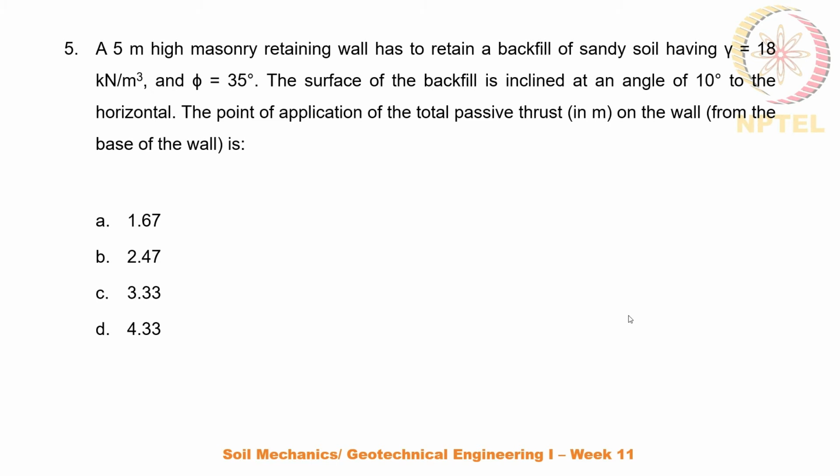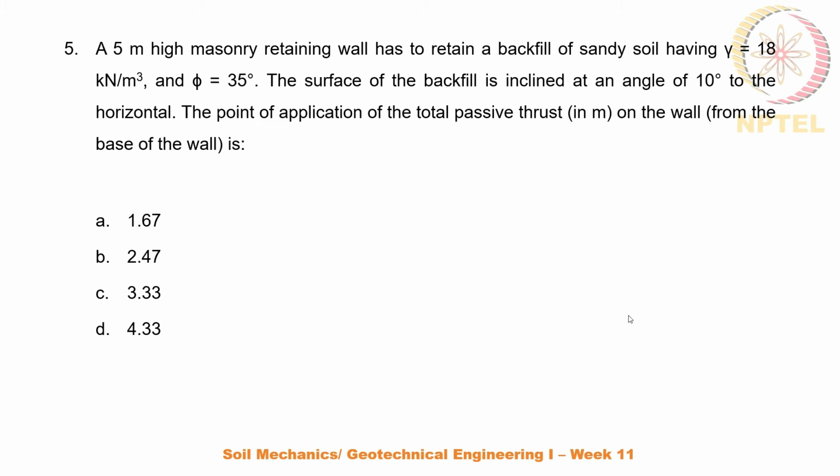Here we are asked to determine the point of application of the total passive thrust on the wall from the base of the wall. So earlier we determined the total passive thrust. Now in this question we are asked to determine the point of application of this total passive thrust. You can type in the answer in the chat box.